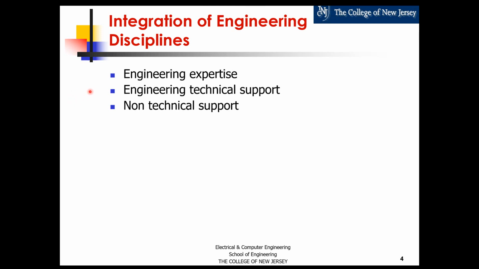Additionally, of course, once you get that insight, you'll know what type of technical support you need, and non-technical support from a staff perspective. So you really get a good view of everything that you need because you know exactly what you're going to do. Knowing what you're going to do is so important.